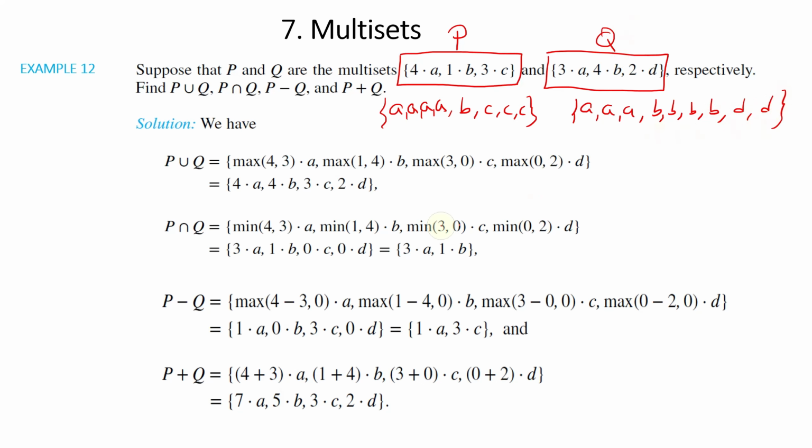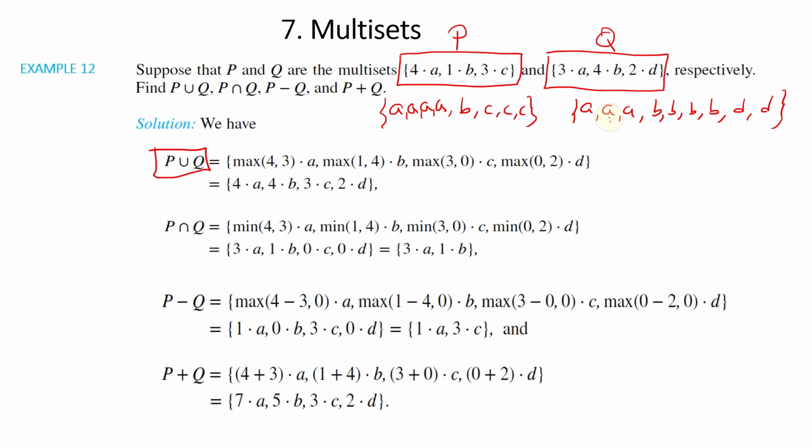Now if I'm doing the union, I need to see every single element that is here and there. A is here 4 times, but there 3 times.